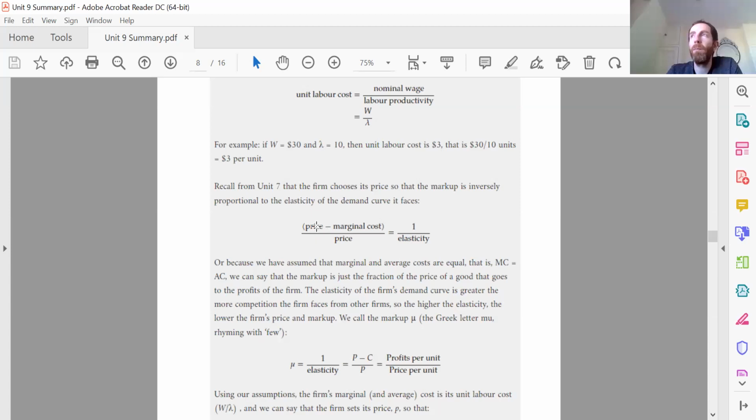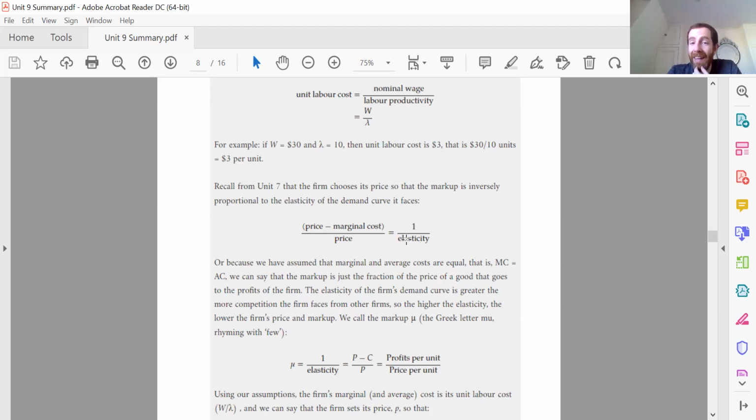If you find the difference between price, how much you're selling the output for, and marginal cost, how much it costs you to produce it, and then divide that by price, you get what proportion of the price is profit, because price minus marginal cost is the profit per unit of output. And on the right-hand side, we showed in unit 7 that the profit margin is equal to 1 over the elasticity. So there's a link between elasticity of demand and the profit margin.